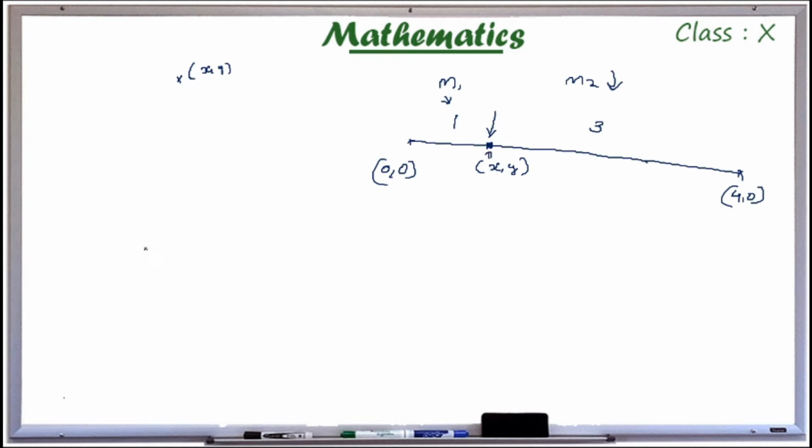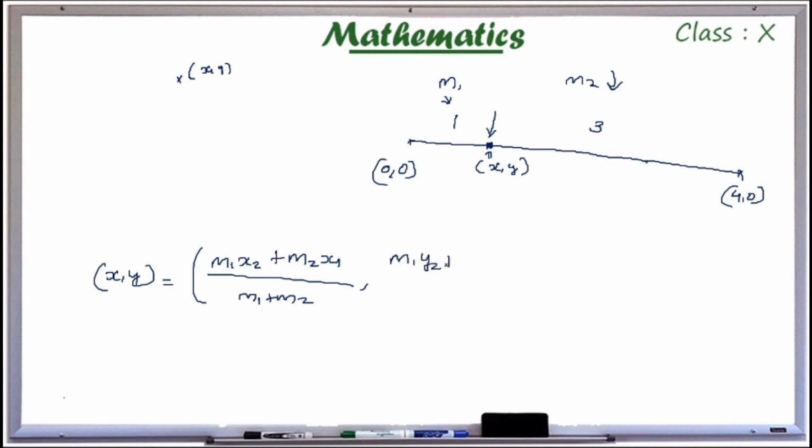So the point of division is obtained by x comma y is equal to, the x value is obtained by (m1 x2 plus m2 x1) by (m1 plus m2), and the y value is obtained by (m1 y2 plus m2 y1) by (m1 plus m2).